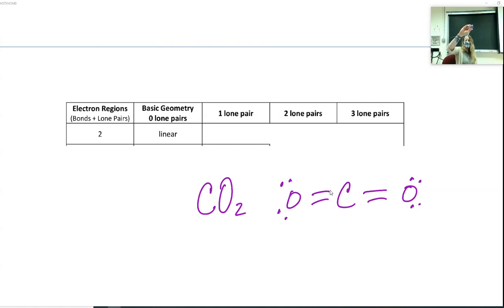The 2 double bonds cause the 3 atoms to end up forming a linear shape. So looking at my central atom, carbon has 1 bonding area here, so 1 electron region there, and 1 electron region there. So consider in 3-dimensional space, if the electrons are going to push away from each other as far as possible, yes, we'll see that this is 180 degrees. So perfectly straight line.